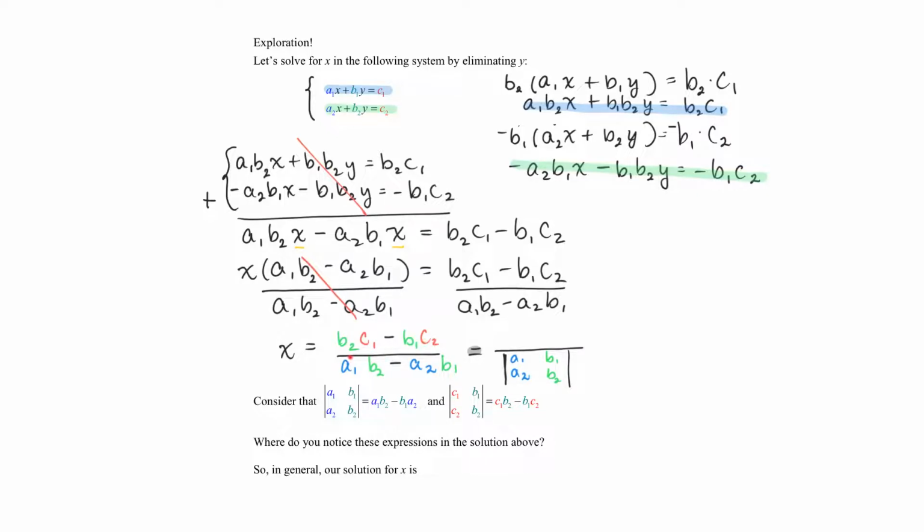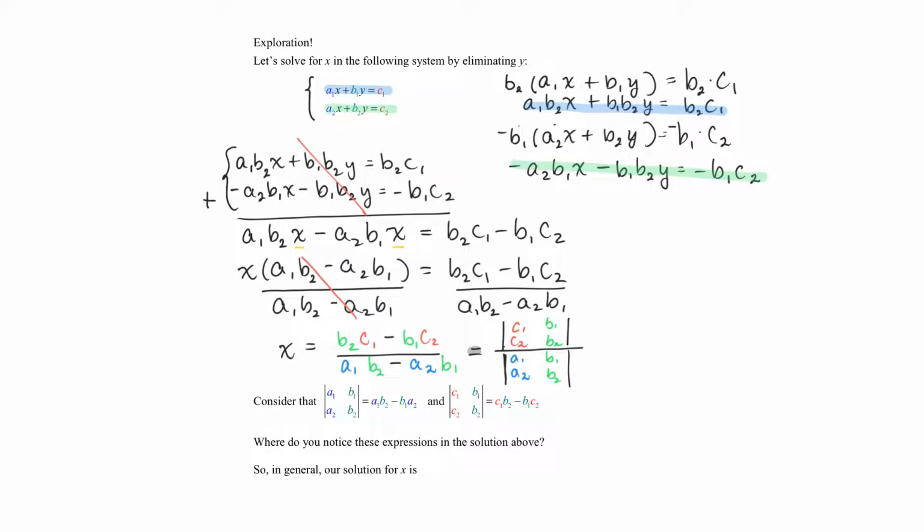That is in my numerator of my solution for x. And so I could replace that expression with that determinant, c sub 1, c sub 2, b sub 1, b sub 2.